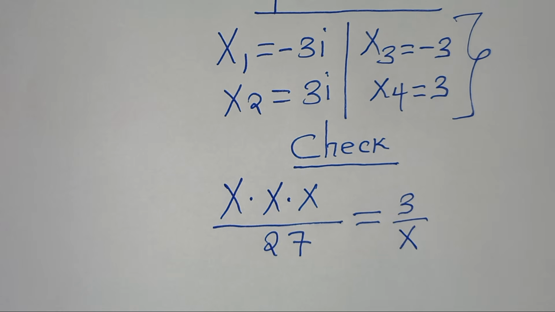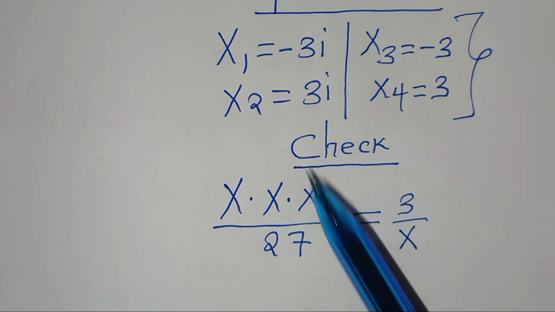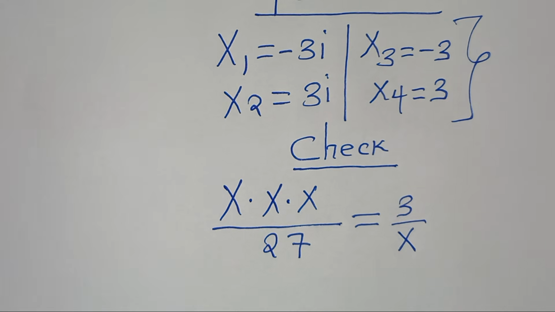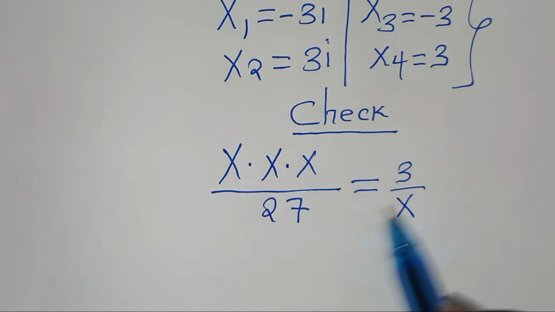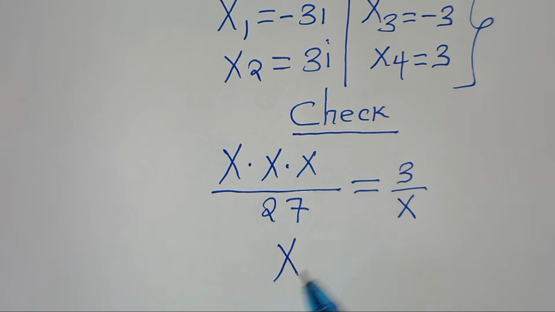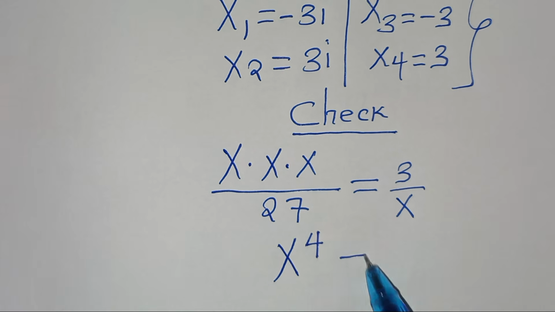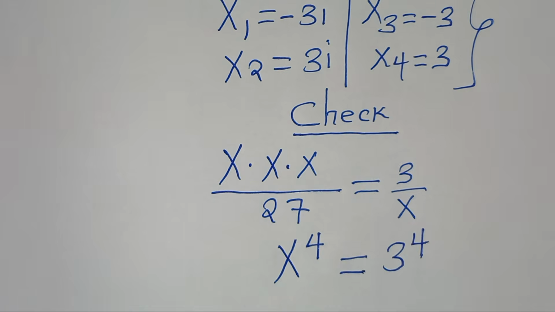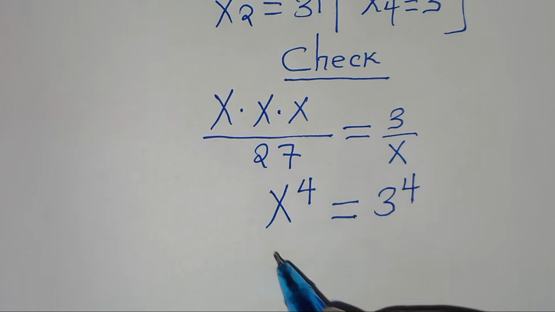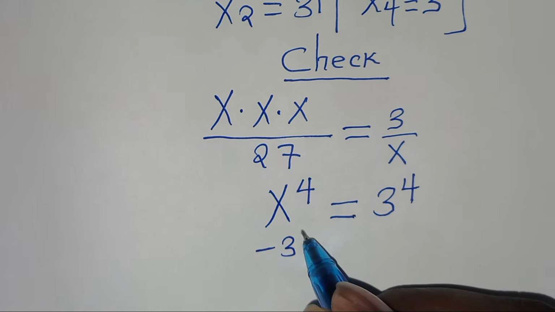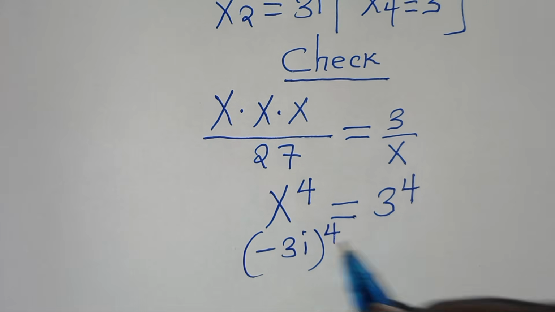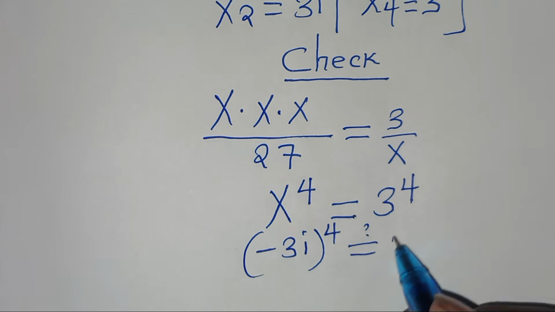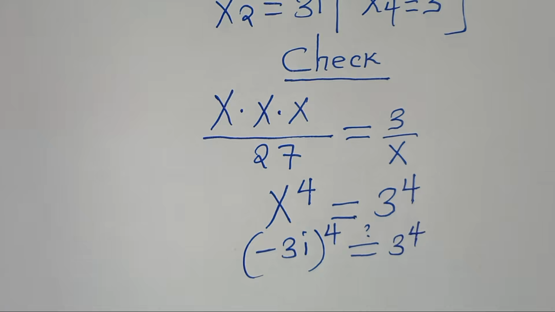So let's start with x1, which is negative 3i. Remember this, if you multiply this, here we have x raised to the power of 4. This should be equal to 3 raised to the power of 4. So this is to mean that negative 3i raised to the power of 4 should be equal to 3 raised to the power of 4.